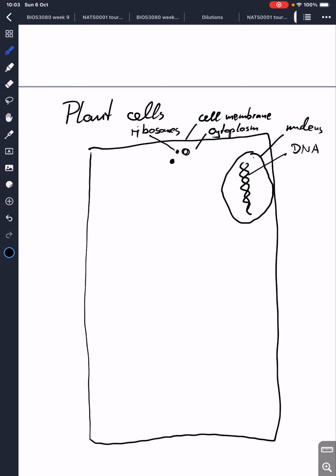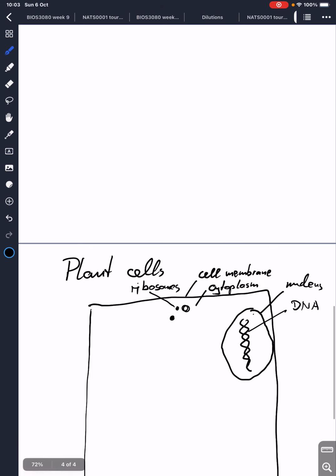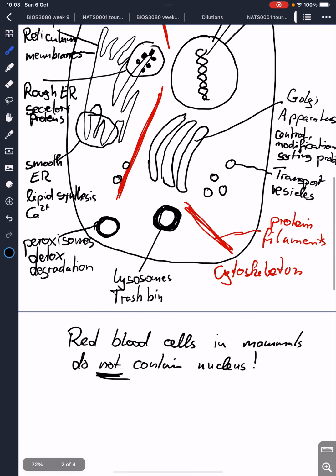And again, that is pretty similar to animal cells. Interestingly enough, and I forgot to mention that, for the animal cells, we also have a protein structure here. Let's go back to our animal cell. This is a protein structure here.